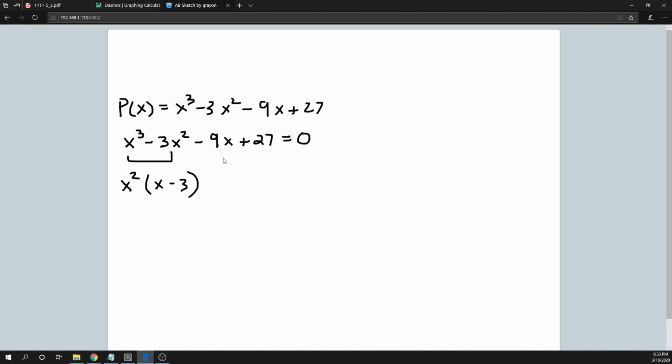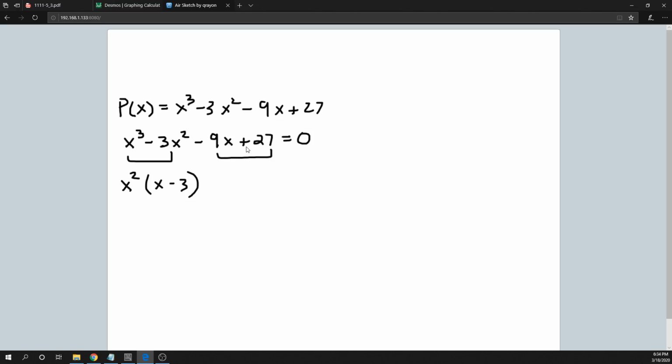Next, I want to look at these last two and pull out what they have in common, which is a 9. 9 goes into itself once, and 9 goes into 27 3 times. The issue, though, is that whatever I pull out, I want what's left inside the parentheses to exactly match this term right here.